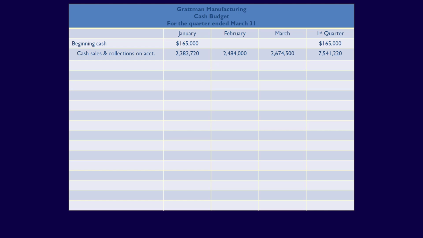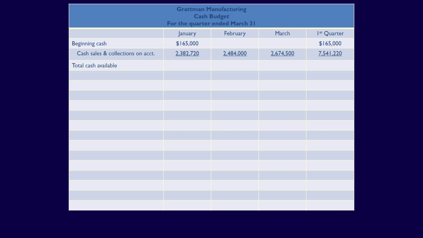Cash sales and collections on account, January $2,382,720, February $2,484,000, March $2,674,500, and first quarter $7,541,220.